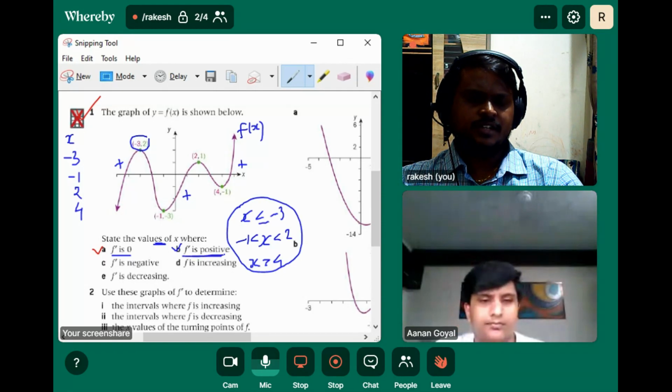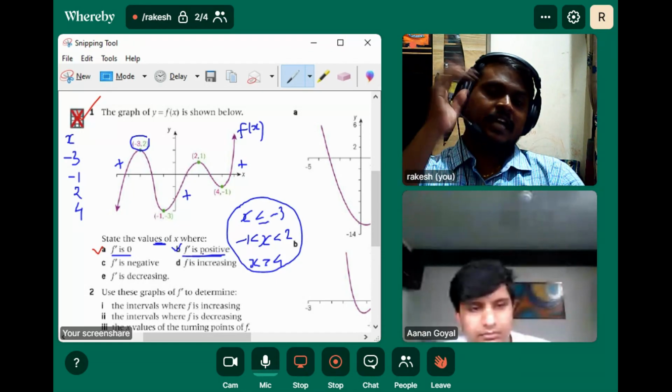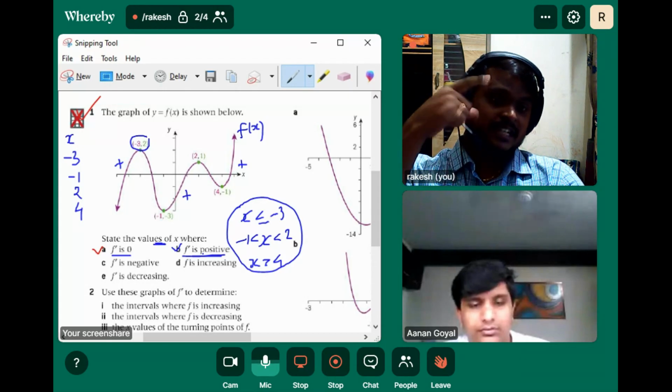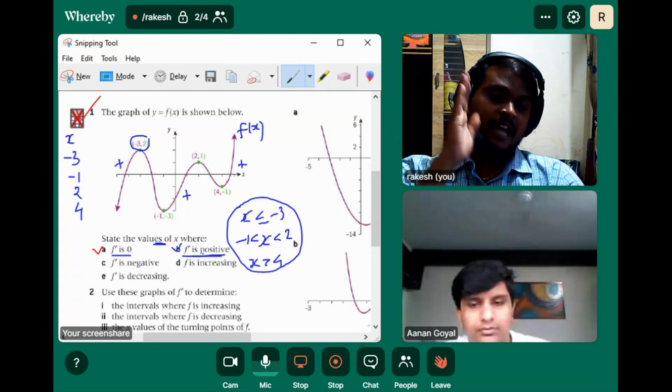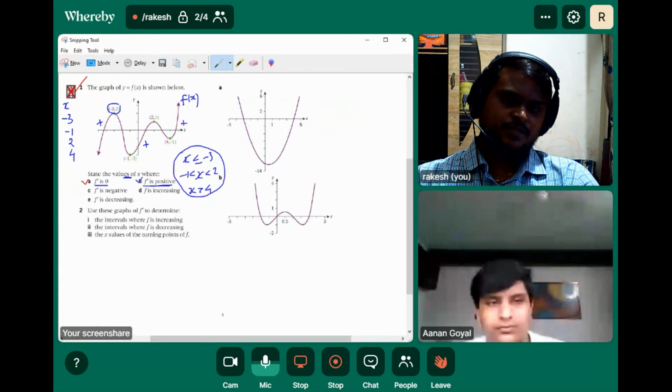Do you understand? The gradient is positive. So then what is the difference between f dash is positive and f dash is increasing? Wait. Curve is increasing means f dash is positive. See, if the curve is increasing, then only f dash is positive.